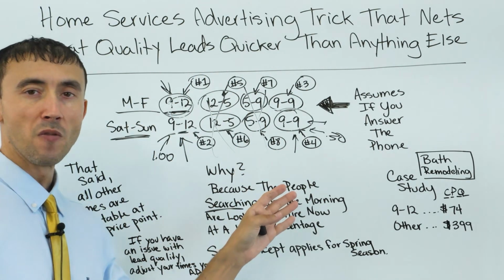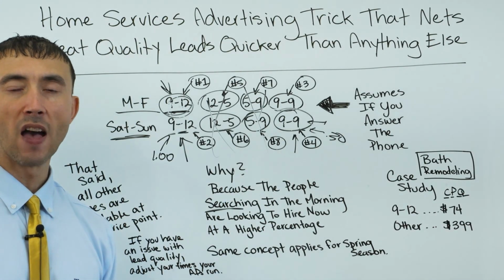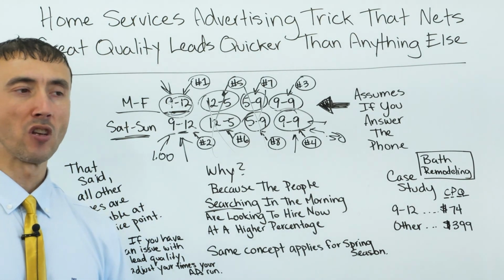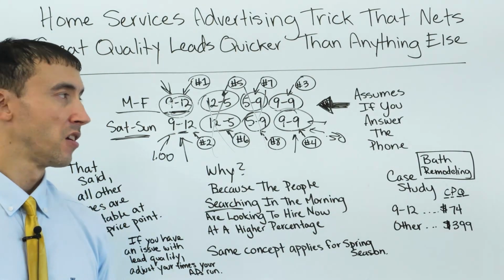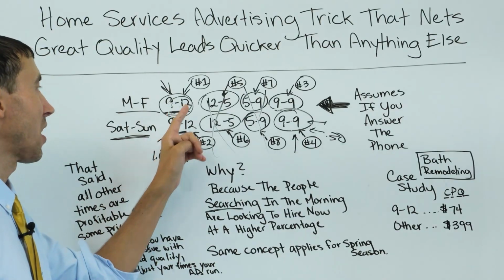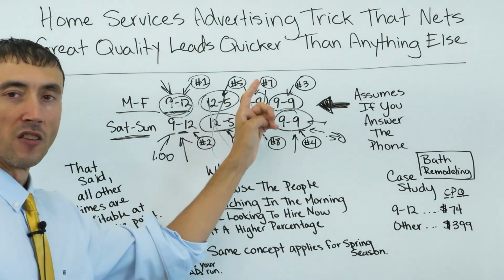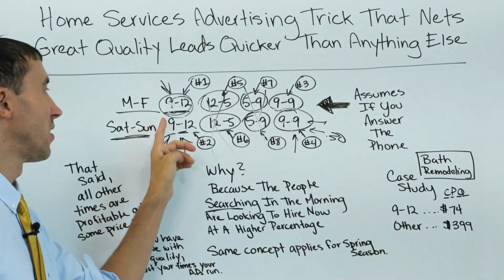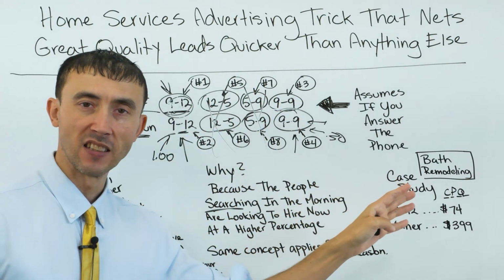In the restoration services space, mold removal, water damage removal, all that, specifically water damage restoration, so your basement floods, you've got a broken pipe, running ads overnight, instead of 9 to 12 in the morning, going the opposite end, had a cost per opportunity way less than any other time of the day. Why? Because our competitors are advertising less then.